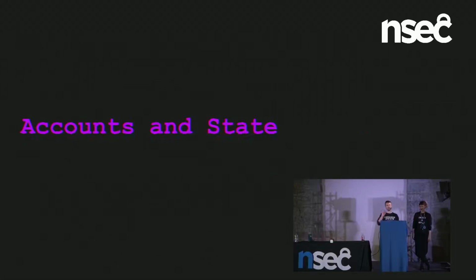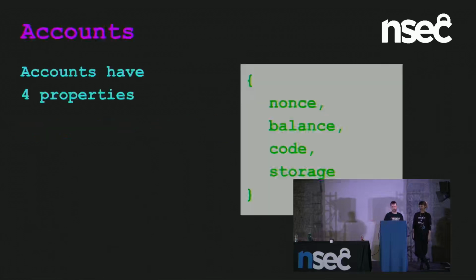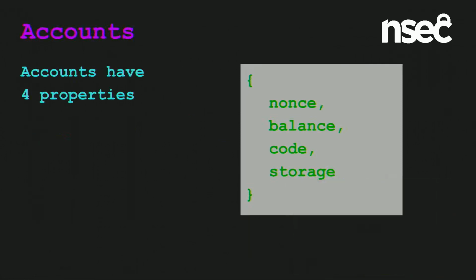So a really fundamental object in Ethereum is that we have accounts and we have state. An account has 4 properties. An account is an address, so each account is tied to an address, just like with Bitcoin. But in each account, you have a nonce for replay protection. You have a balance.